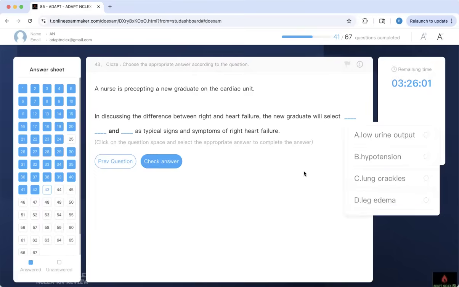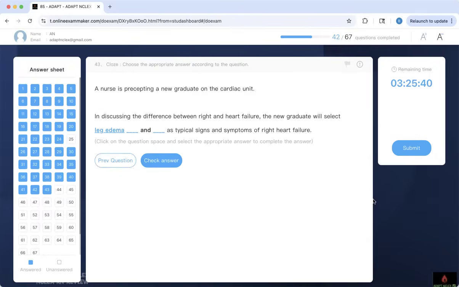What I teach people is when you deal with right and left heart failure, the right side is systemic congestion and the left side is the lung problem. Therefore, if you see lung problem and hypotension and urine output, leave it. That's for the left. Therefore, I see urine output, hypotension, lung, leg edema.